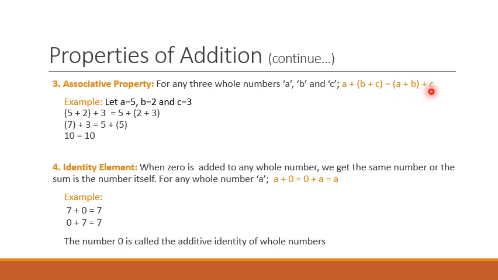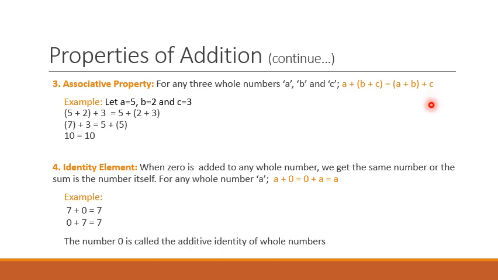What does it mean? If I am adding any three numbers, then the grouping of the numbers doesn't change the sum. Whether I add b plus c first and then add it to a, or I add a and b first and then add the sum to c, the answer is not going to change.